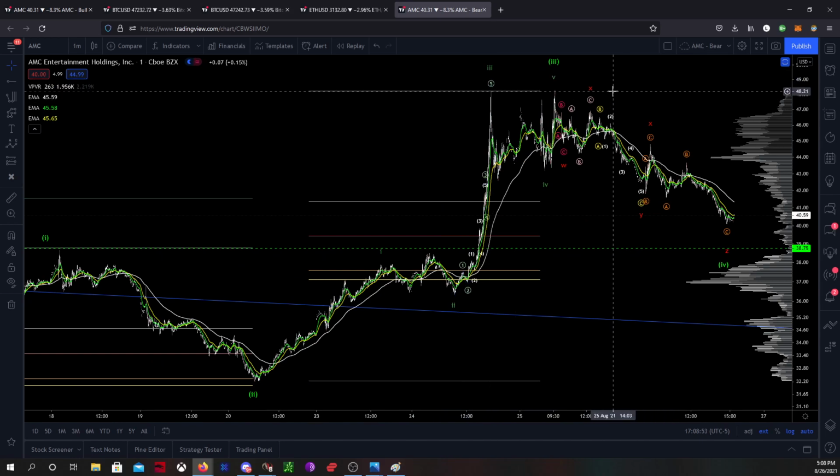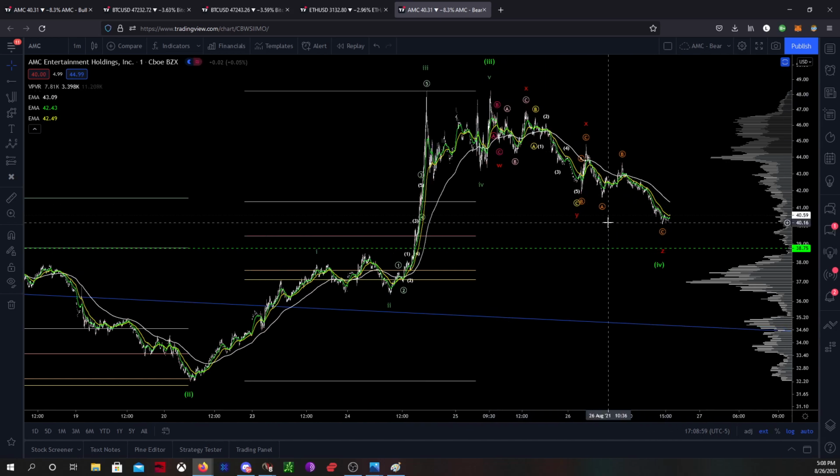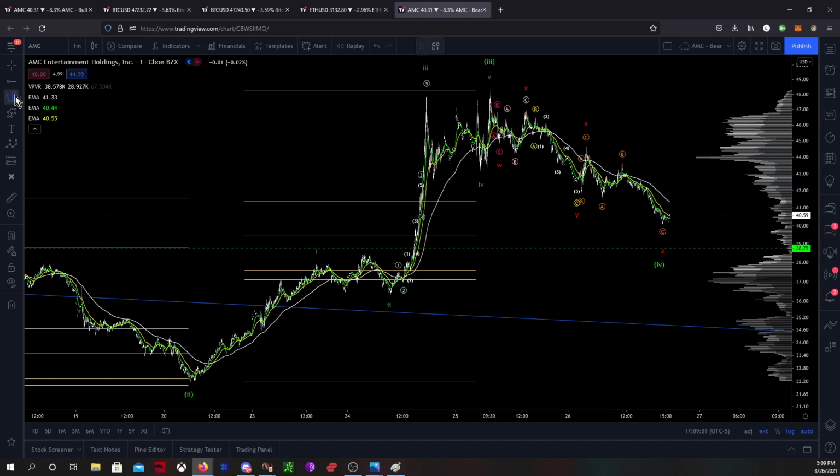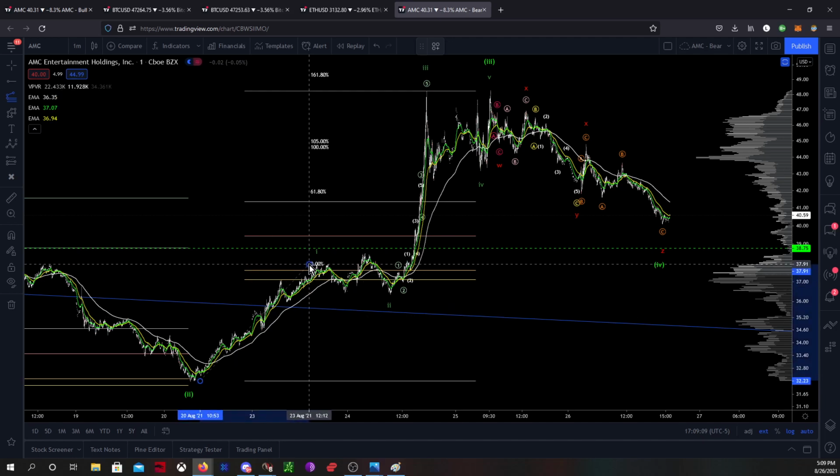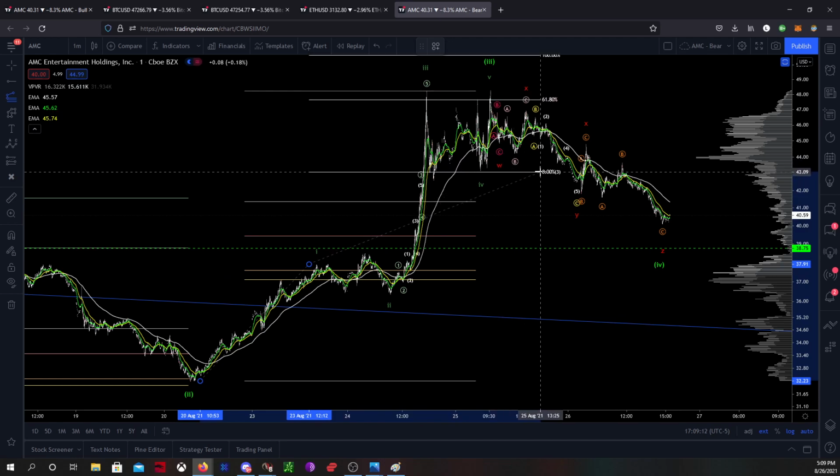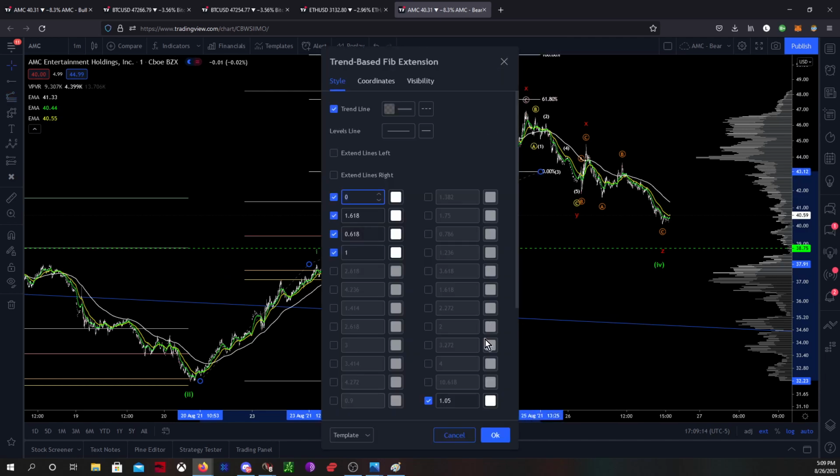So it's not really a double top, in my opinion. I'm splitting hairs there, but it did make it like 5 cents over the previous high. And also, if we come here with our measurement tool, we go here. If we go here, project it up from, that's not right.